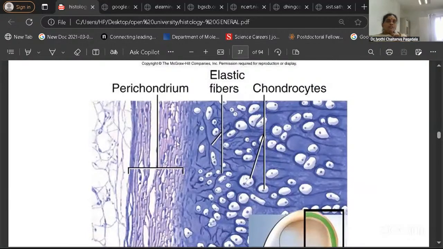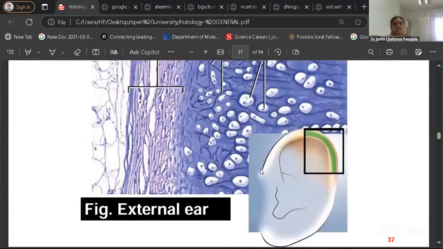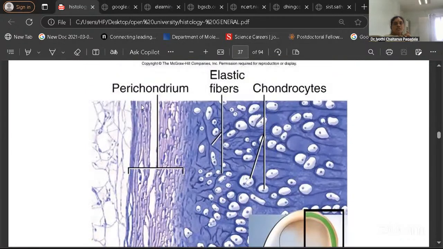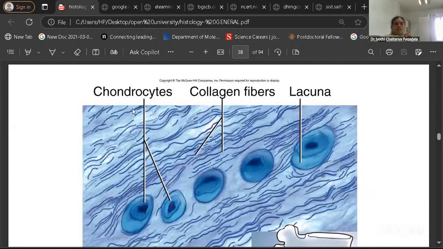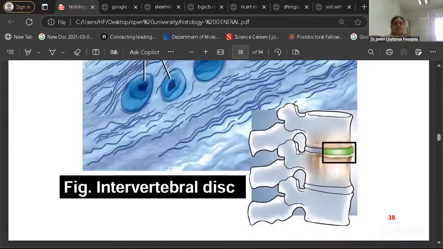The arrangement of perichondrium, elastic fibers and chondrocytes in the ear pinna, the external ear, ear lobe. Here you can see the presence of chondrocytes, collagen fibrils and lacuna in the vertebral disc.